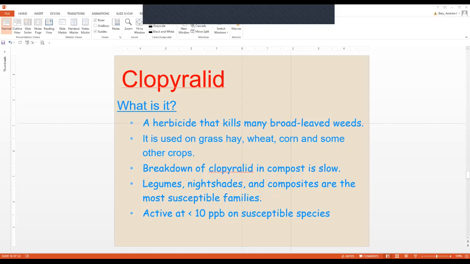They all cause a problem, and the species and the concentration will determine how much effect you get from the contamination. Clopyralid is active at less than 10 parts per billion on susceptible species, so you'll see symptoms down to 10 parts per billion.